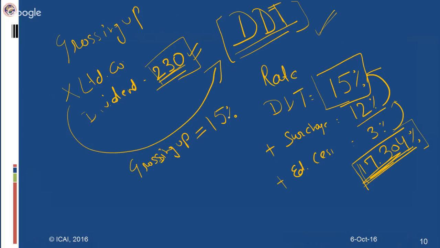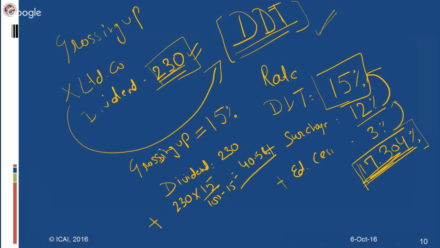Now, how will we gross up this amount? The dividend given by the X Limited is 230 lakhs. Now we will add the grossing up amount: 230 into 15% divided by 100 minus 15, which comes to 40.58.